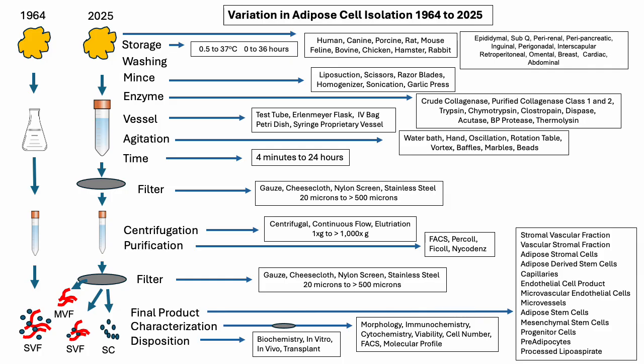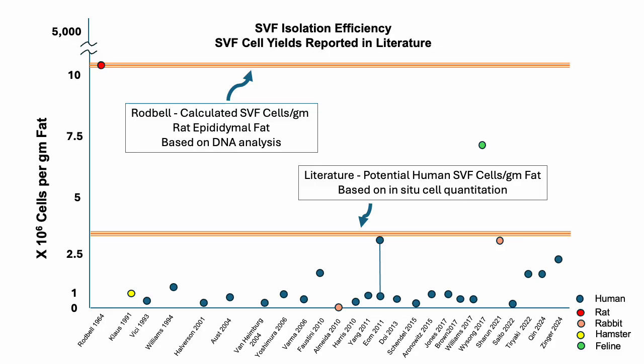So you see an incredible amount of variation in the methods, and it is very, very rare that a publication presents a method where all of these variations are provided in detail, which makes the comparison of one group's isolation technique to another group's extremely difficult. I've taken a look at the literature and evaluated the net yield of cells per gram of fat. This is times 10 to the 6 cells per gram of fat, so million cells.